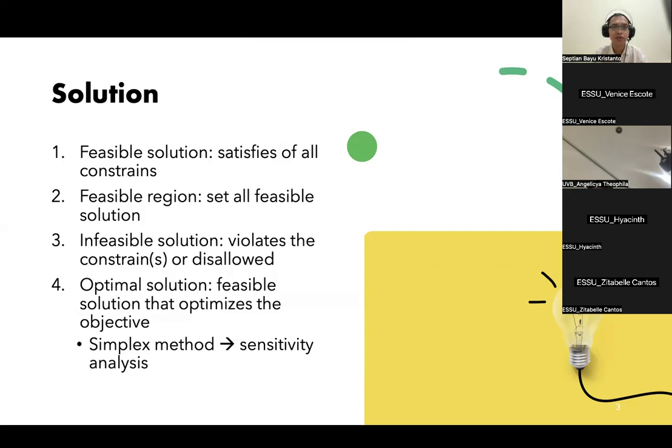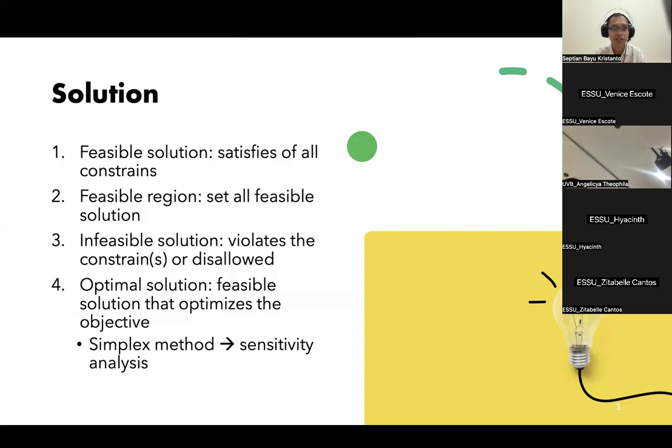So we need to be satisfied with any constraints under our data. Sometimes we cannot control some factors, or we don't have lots of data, or maybe there is a lack of data conditions. So we need to accept all of that. That's the kind of feasible solution.